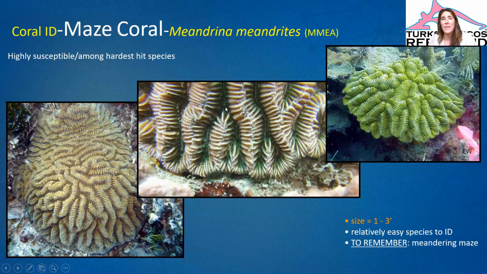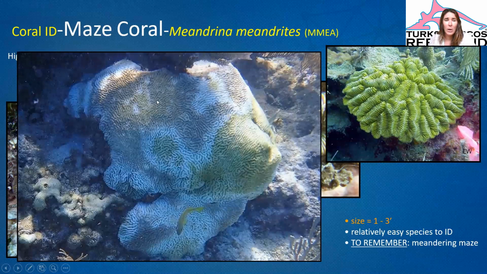I will mention that maize corals grow in crusts, in mounds, in pillars. They change shapes a lot. There's a lot of variety. And here's a maize coral with SCTLD. For every species, there will be a photo of that species being affected by disease.